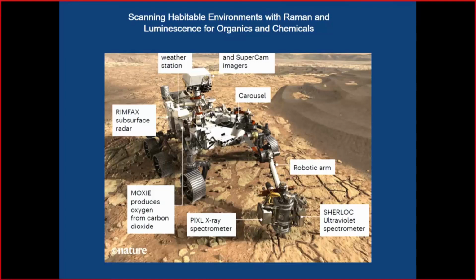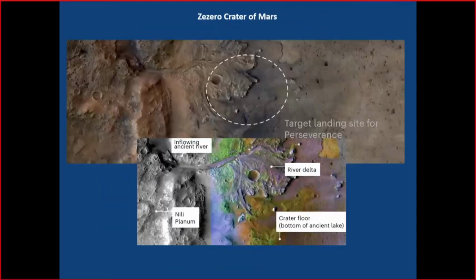This particular instrument is placed on the Perseverance rover, which is moving in Jezero crater on Mars, where Perseverance is already taking observations. It has a lot of fluvial processes, a river delta, and many such ancient inflowing river patterns, and people think there would be some kind of organic material also available.